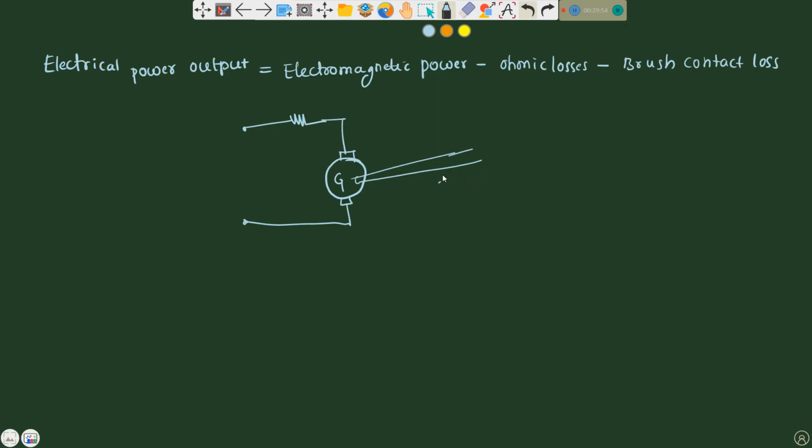This will be your N, this is your electromagnetic torque, and this is shaft power or input power. Across the generator we will get Eg. This is the terminal voltage Vt. Then you will be getting out an armature current. This is armature resistance.